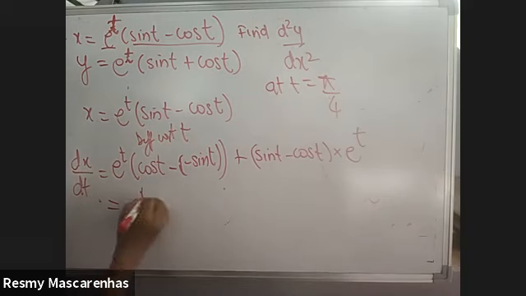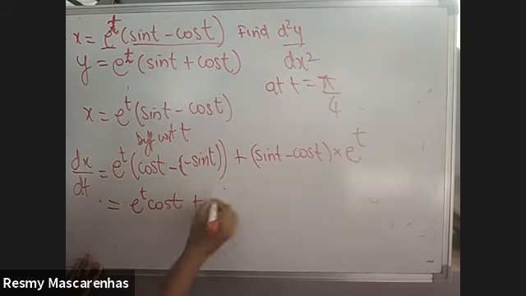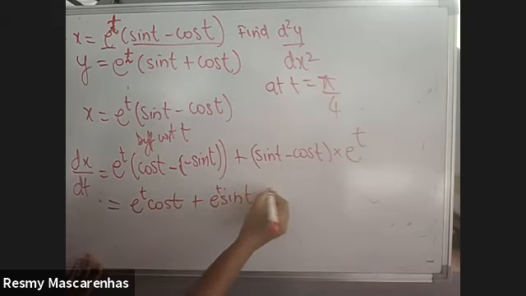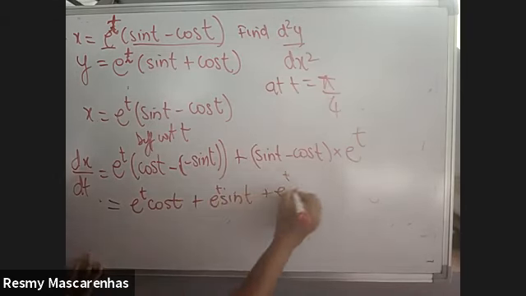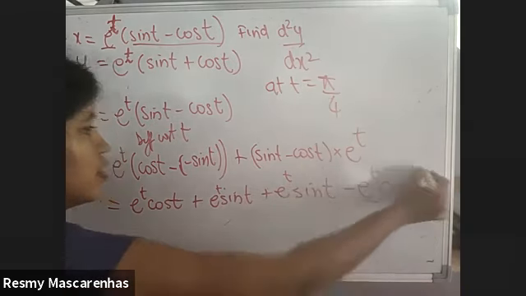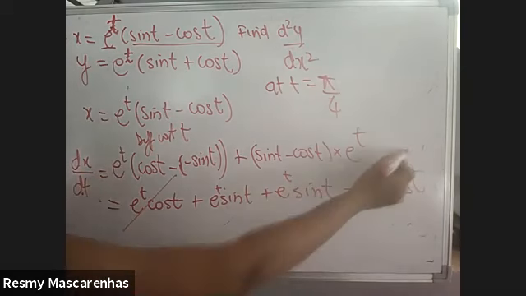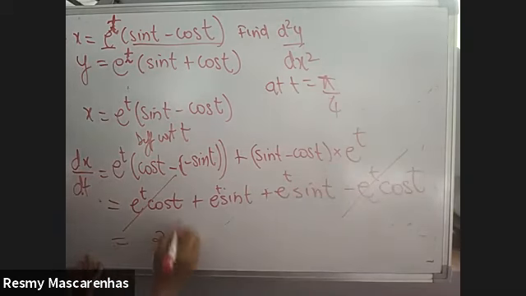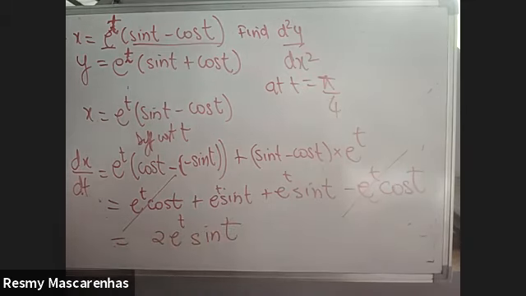So this will be e raised to t cos t, minus into minus is plus. So cos and cos terms will cancel. So this is the answer we will get. Same way, solve dy by dt.